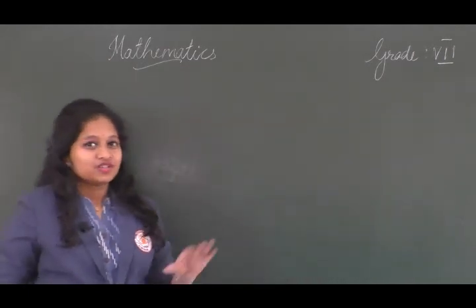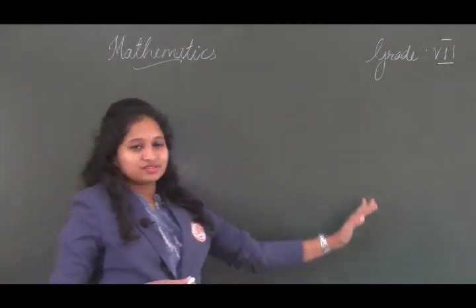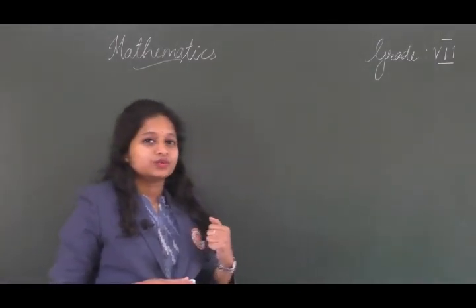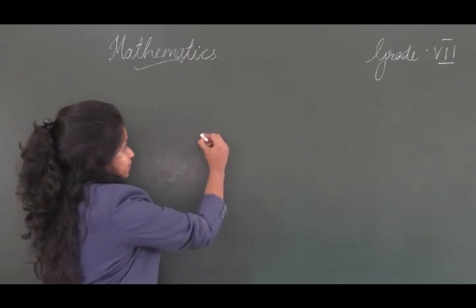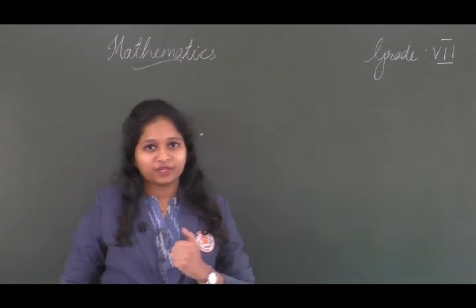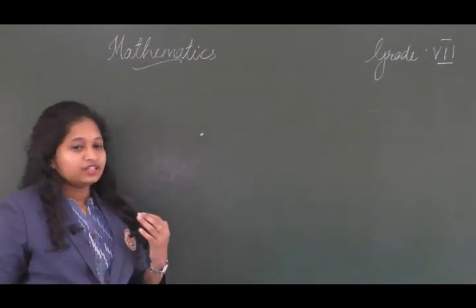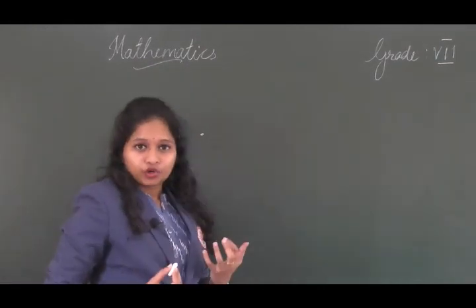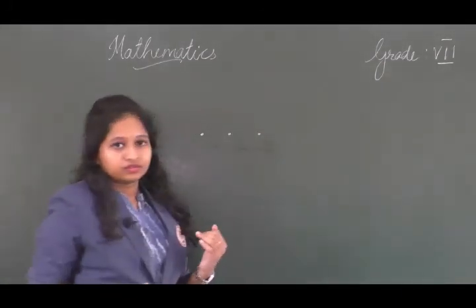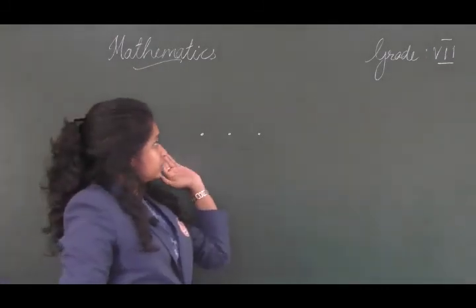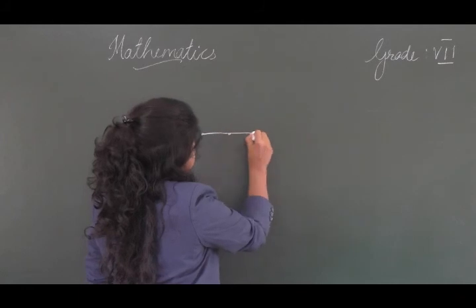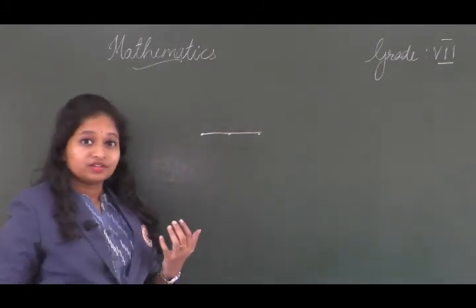Okay. So children, this is a plane, isn't it? So, what is this? It is a point on a plane. And if I put some points in a straight line, okay, and if I join it, what do we get?